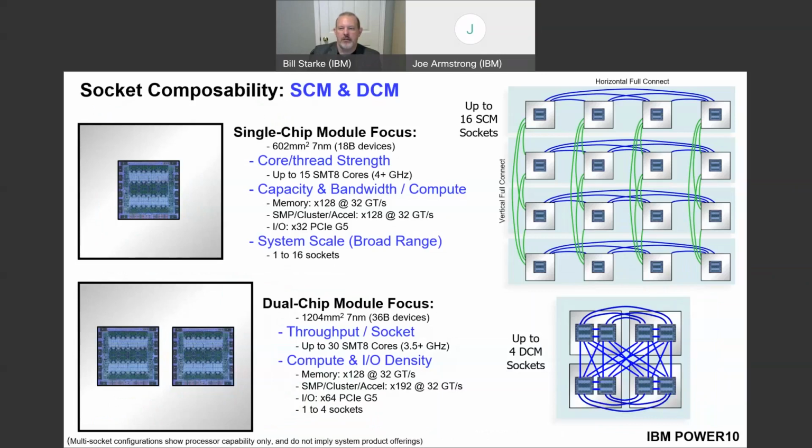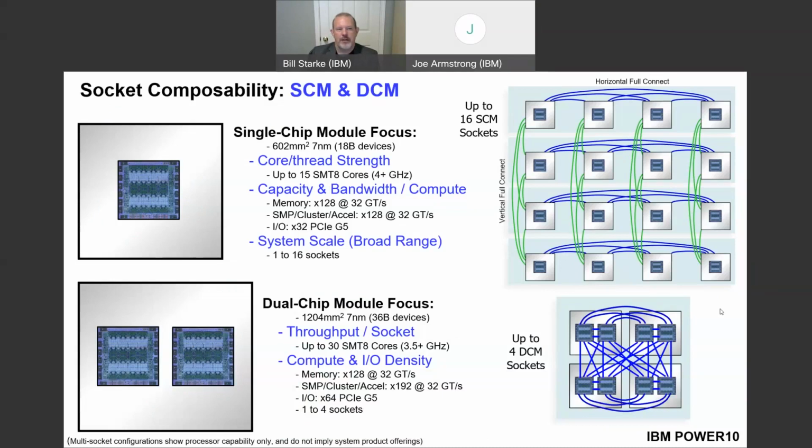But as I said earlier, I was going to talk a little bit about the ways we can offer the chip. I don't want to take away too much from Joe's discussion when he talks about the system offering, but I'll build the bridge here. On the top half of the chart, we have the chip and that module that I held up.